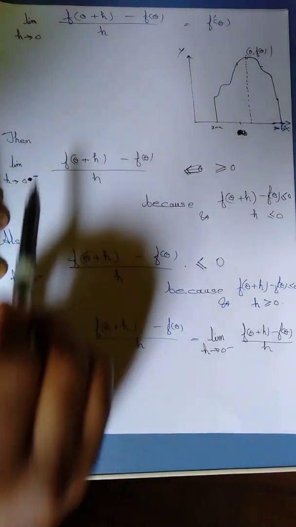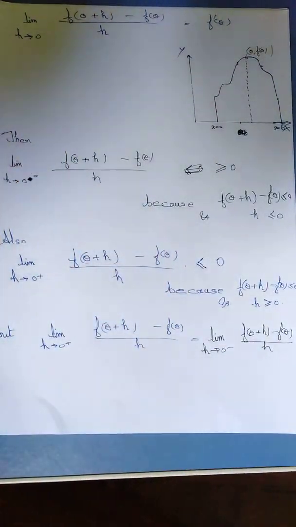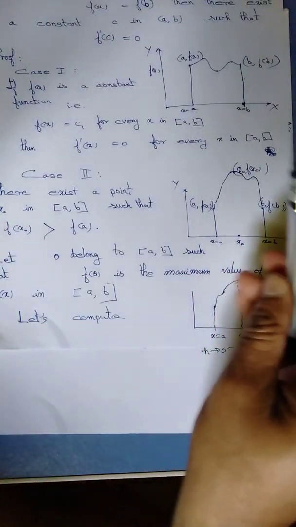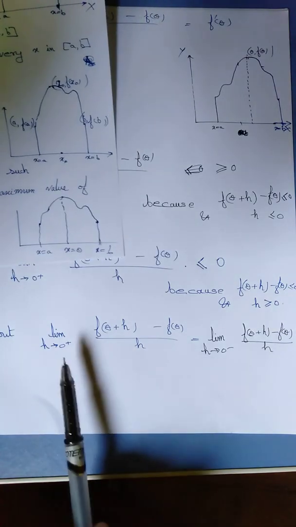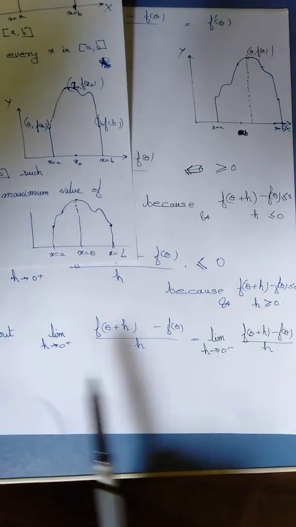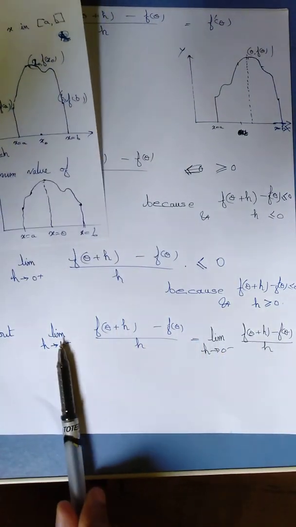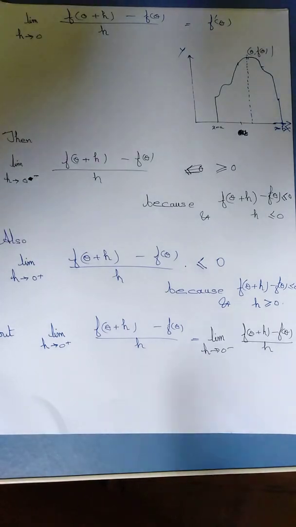These two limits have got to be equal. Why? Because the theorem says it is differentiable. When the function is differentiable, the left hand derivative and right hand derivative both must be equal.